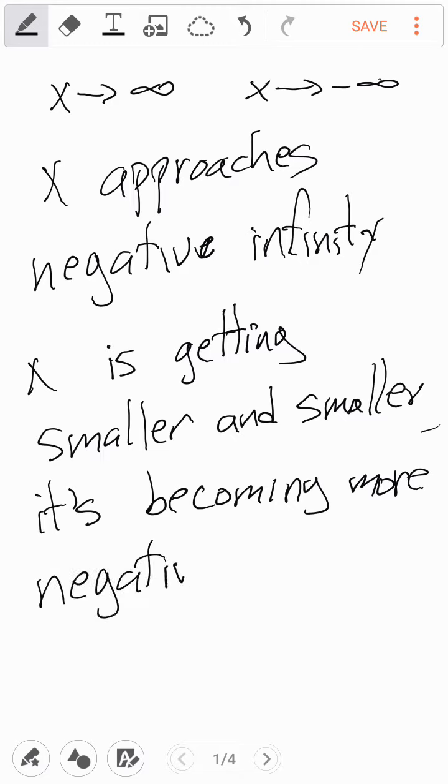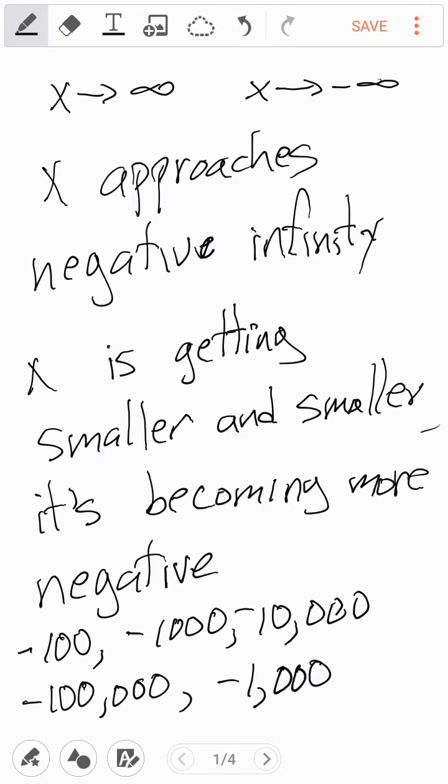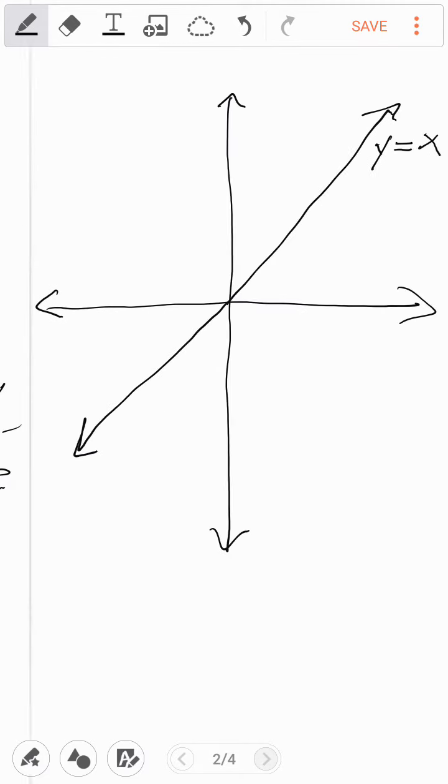So if I think of that in terms of numbers, I could say first I'm at negative 100, and then negative 1,000, and then negative 10,000, and then negative 100,000, and negative 1,000,000, etc. And then it'll just become smaller and smaller.